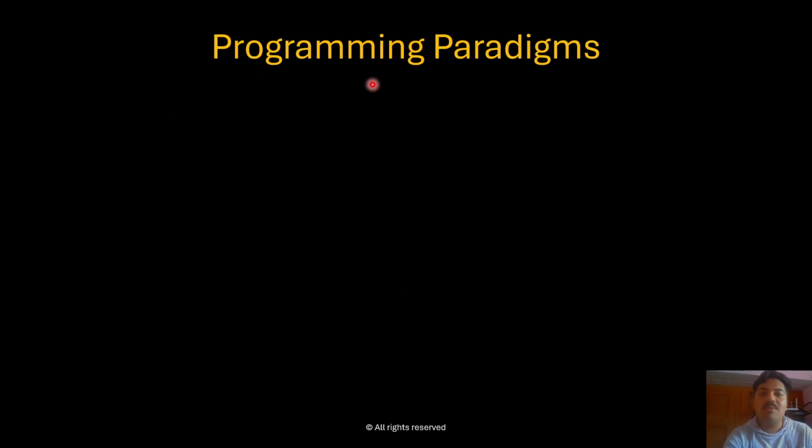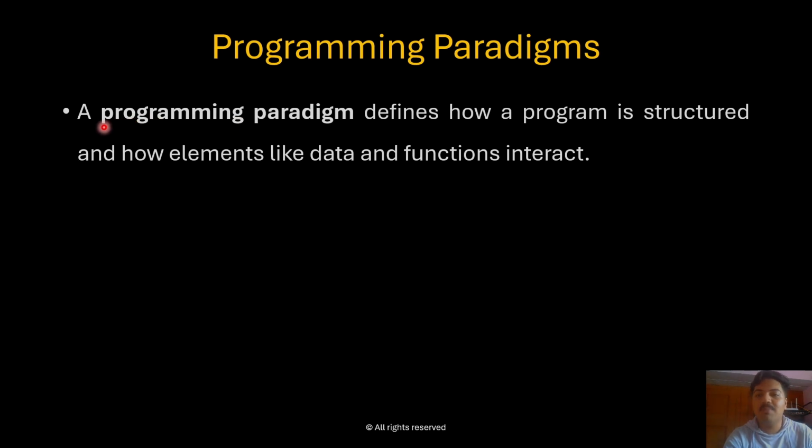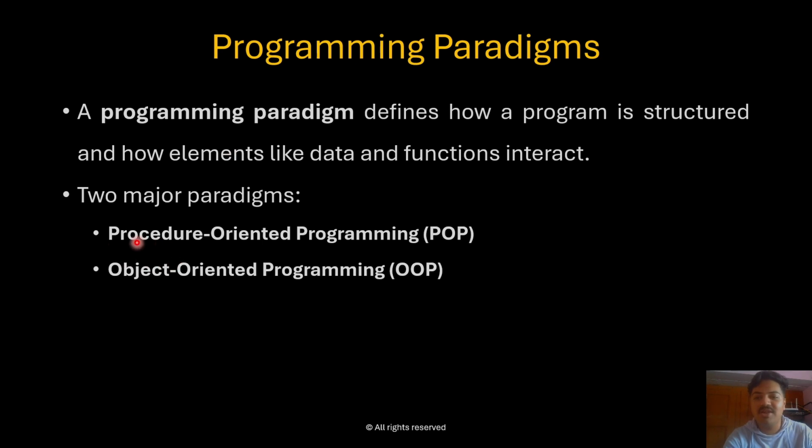So what are programming paradigms? A programming paradigm defines how a program is structured and how elements like data and functions interact with each other. There are two types of programming paradigm, that is procedural oriented programming and object oriented programming.